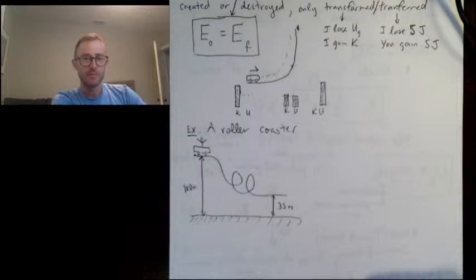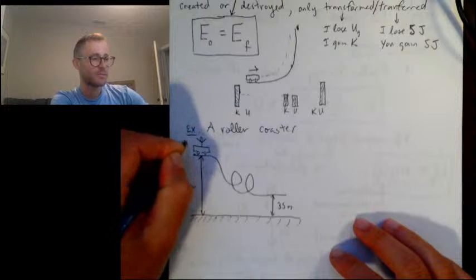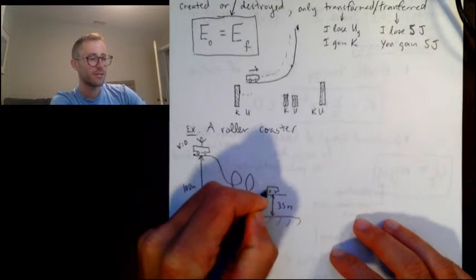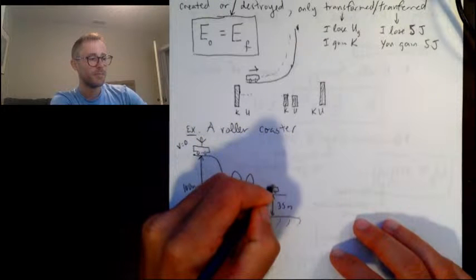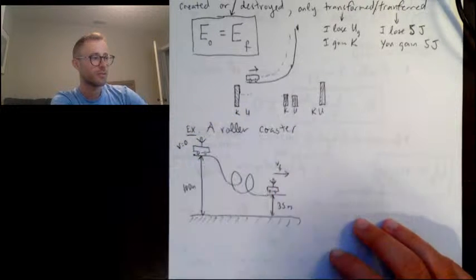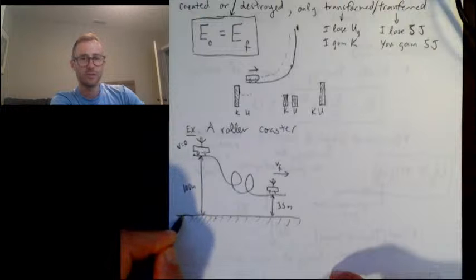And it starts at rest. And once the roller coaster cart gets down here, what I want to know is, what is the velocity of the roller coaster cart? Okay? So I'm going to choose this to be y equals 0, the ground level.